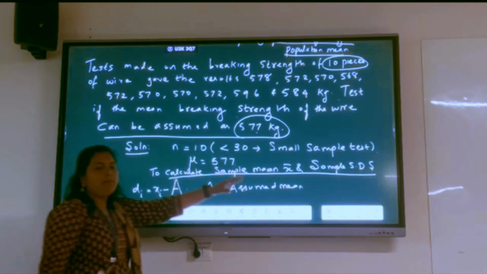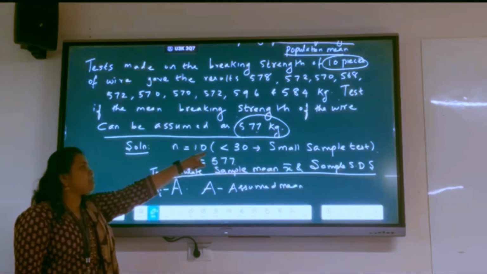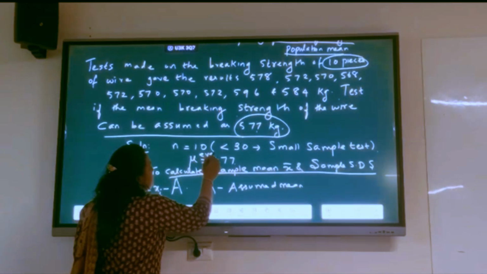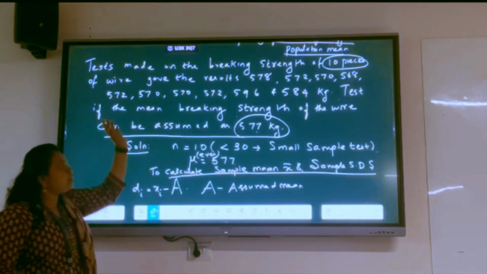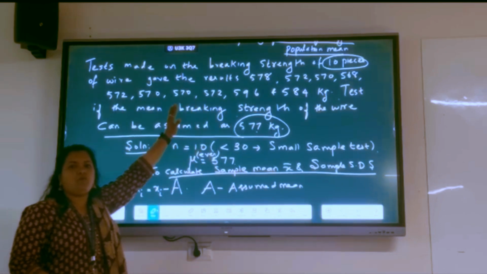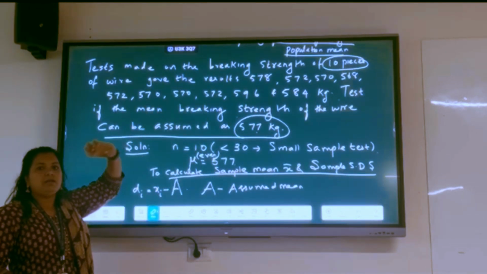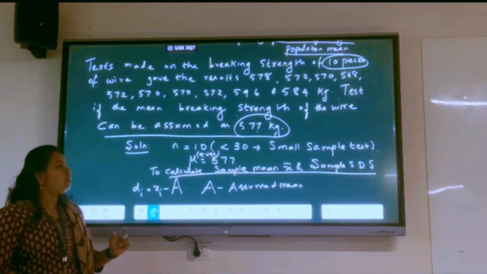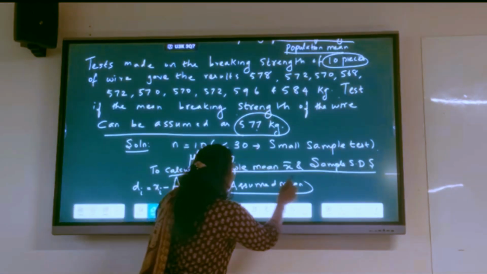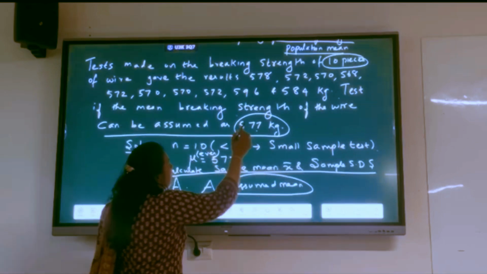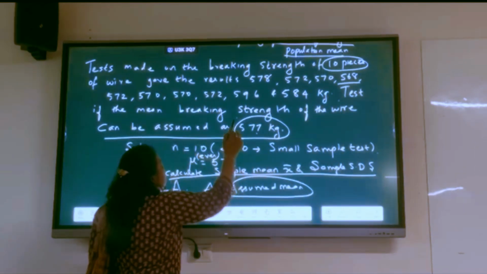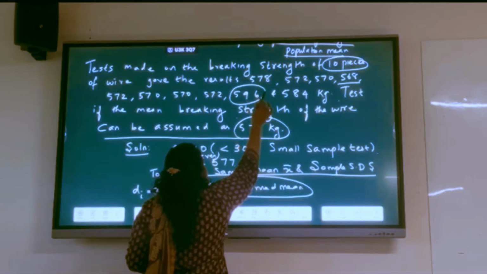So here the number of terms, the pieces of wire, is 10, which is an even number. So out of the 10 pieces of wire, we can calculate the least term and the highest term divided by 2. That is how we calculate the assumed mean. The least term is 568 and the greatest term is 596.